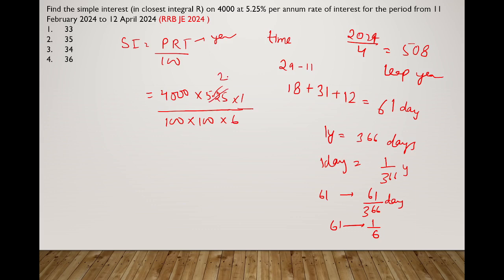Cancelling the common factors, 20 cancels, 20 cancels, and then this is 10 and this is 5. So our answer is 35. So option number 2 is the right option.